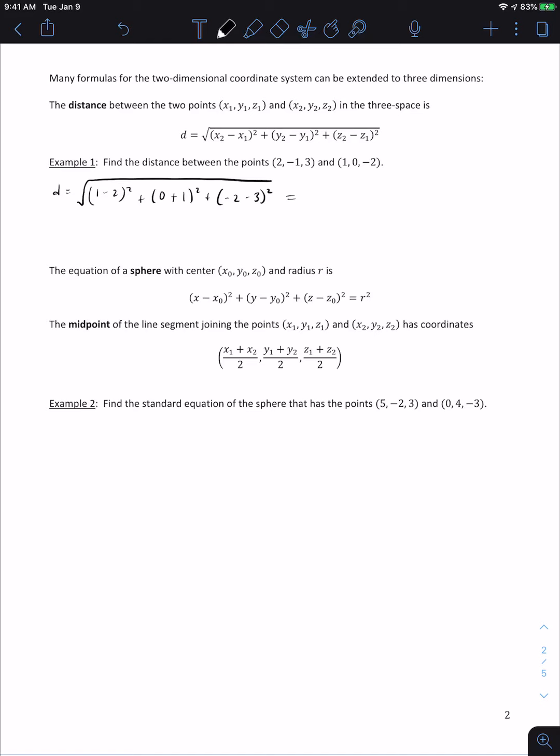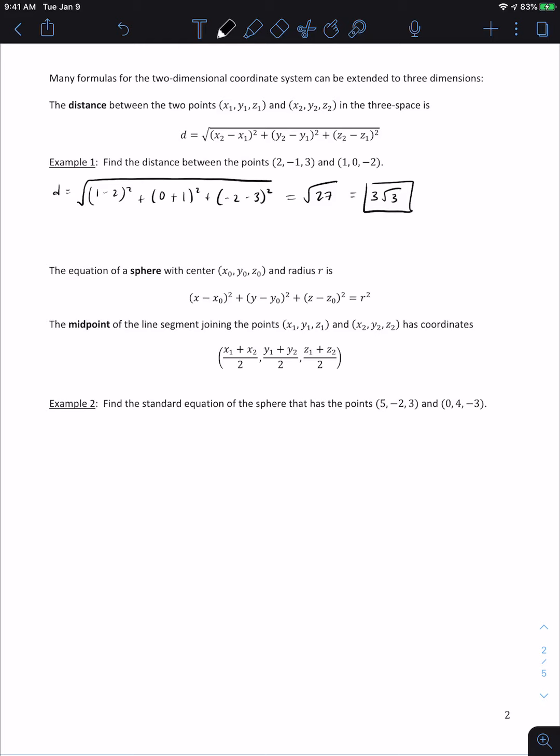Right? And if I multiply that out, I end up getting radical 27, which I can simplify, right? That's 9 times 3 is 27. So when I take the square root of 9, that's 3. So this becomes 3 radical 3. So that's the distance between those 2 points in the 3 space.